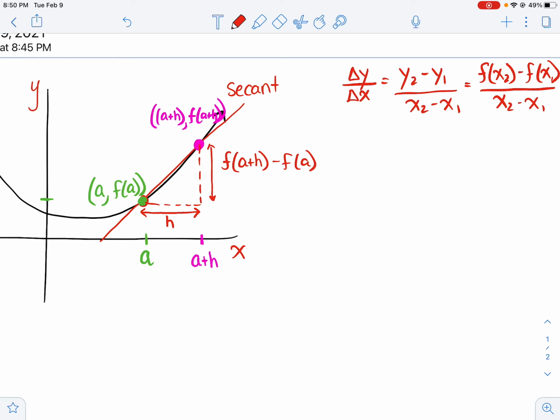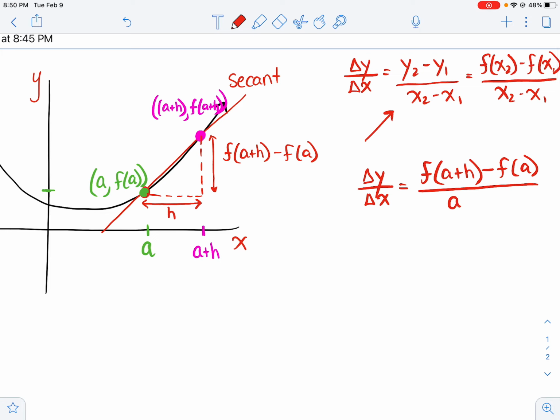So instead of using these slope formulas, we're going to switch and use this one, which we call the difference quotient. So it's just the rise over run: f of A plus H minus f of A divided by H. I'm just going to actually write it out.